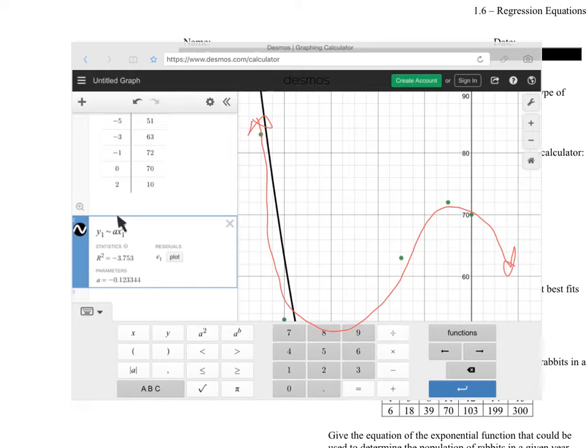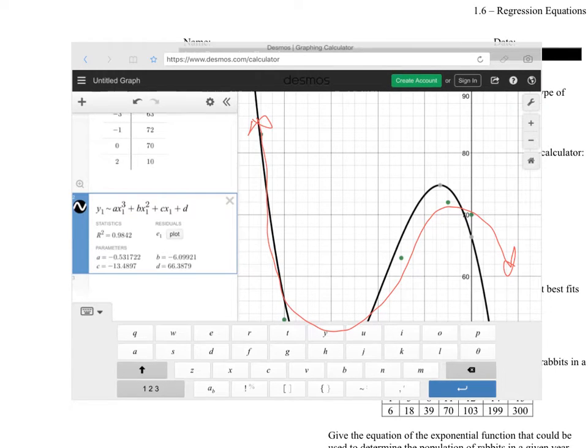Desmos is saying, well, it looks like your lead coefficient, if it is a cubic polynomial, would be this number. And it looks like your second coefficient, the coefficient of the x squared term, would be this number. And the coefficient of the x to the first term is that number, and the constant on the end would be that number. And if those were all the numbers, now you can sort of see what that function would look like. And it looks similar to what we thought that it might look like.